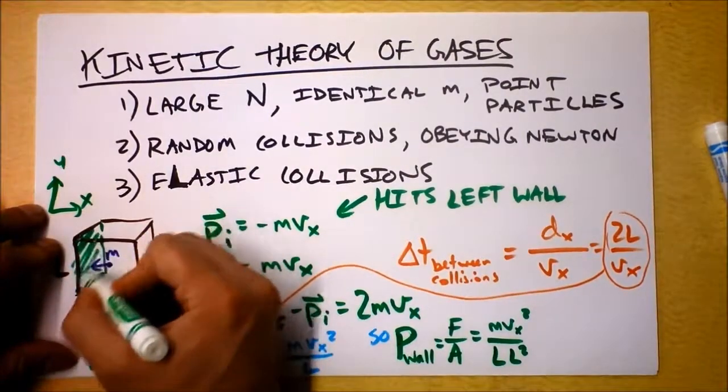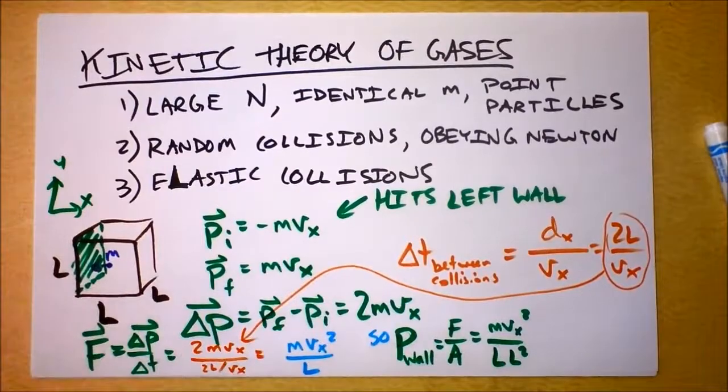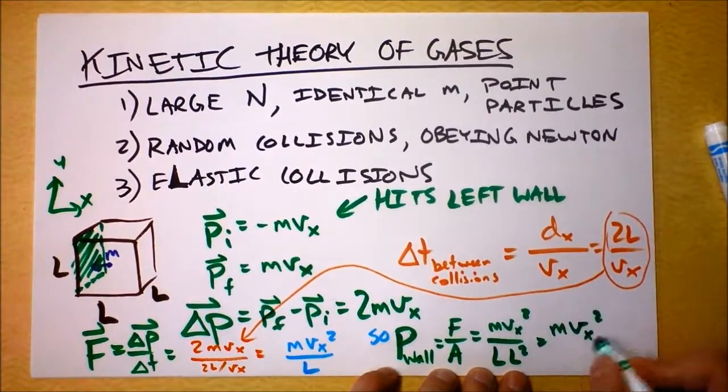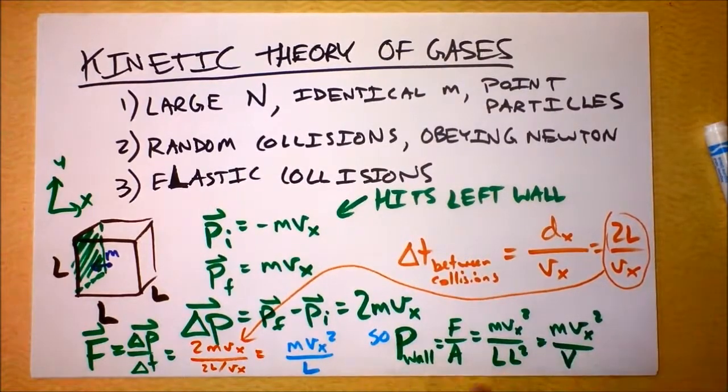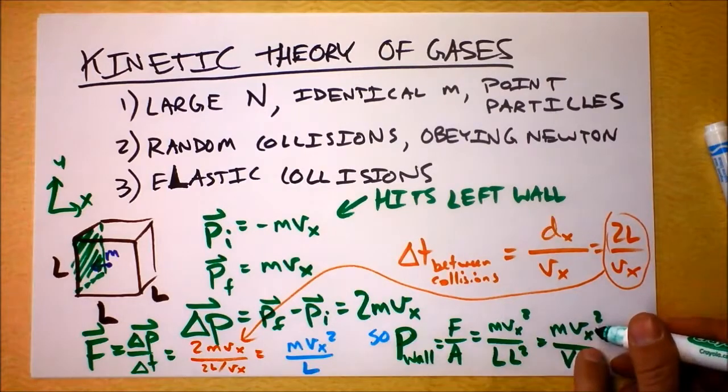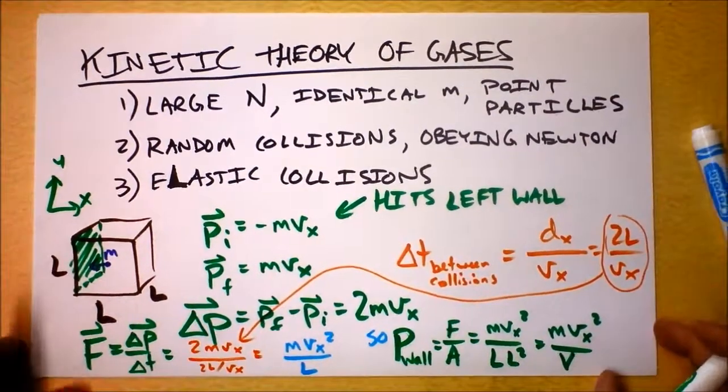This wall, that wall on the left has area L square. Well, this is just mvx square over volume.